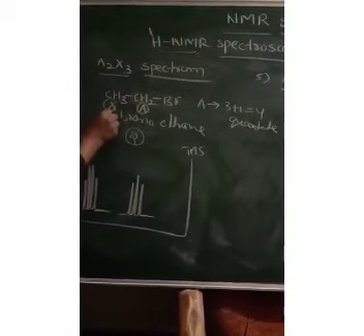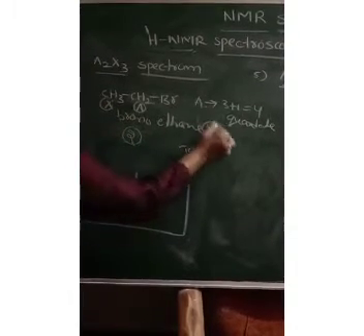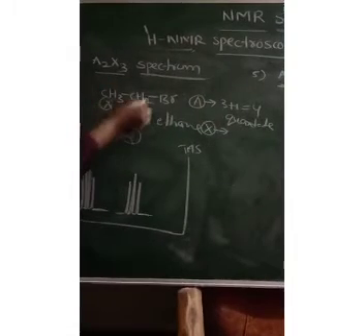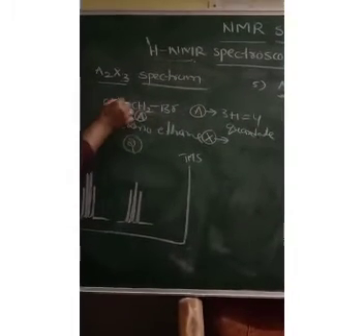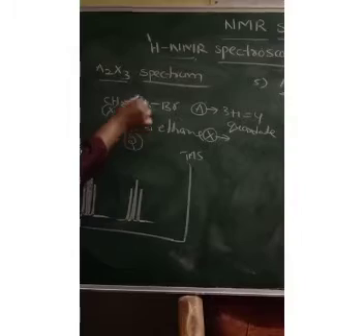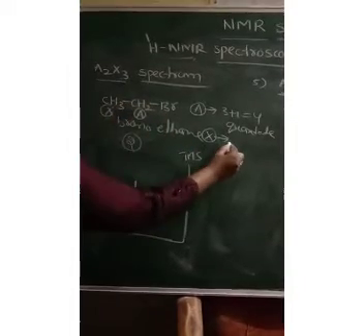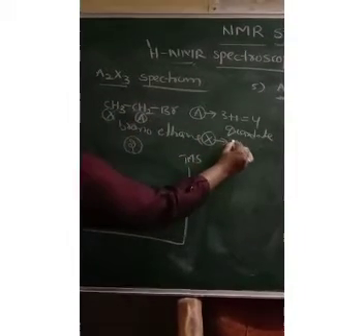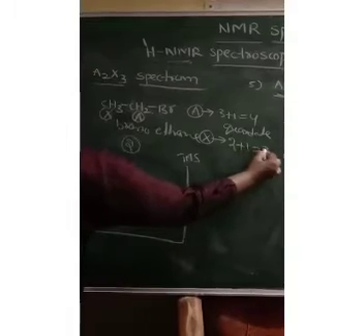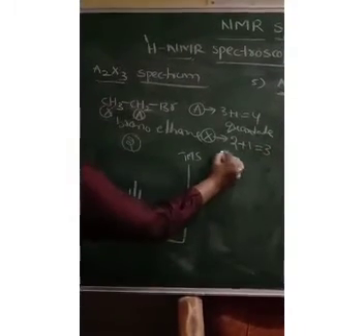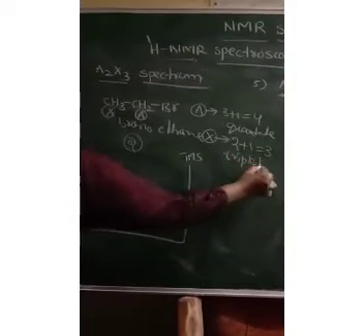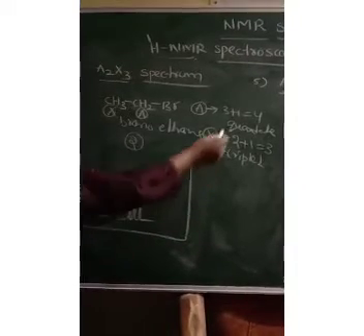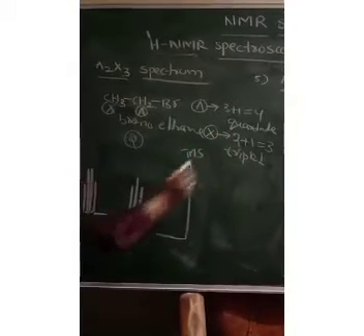For the X type of proton, the neighboring protons are 2, so according to the n+1 rule, 2 plus 1 equals 3, giving a triplet. So the 2 signals split into one quartet and one triplet.